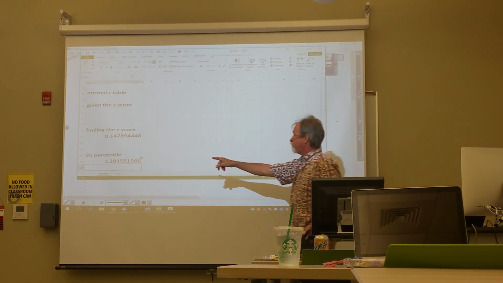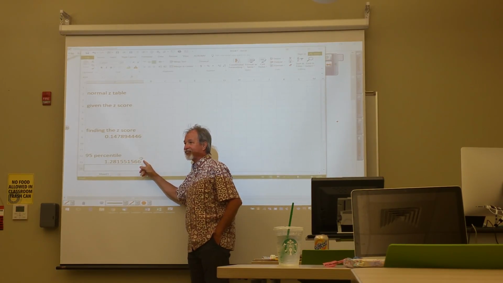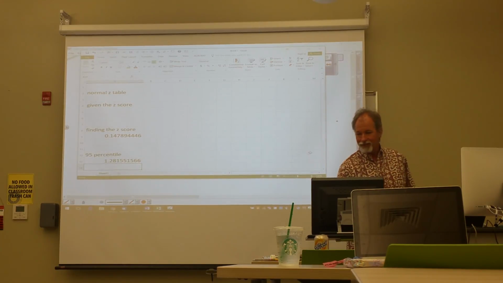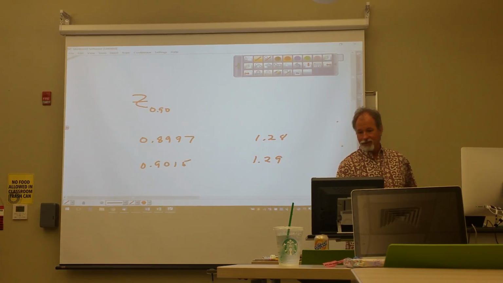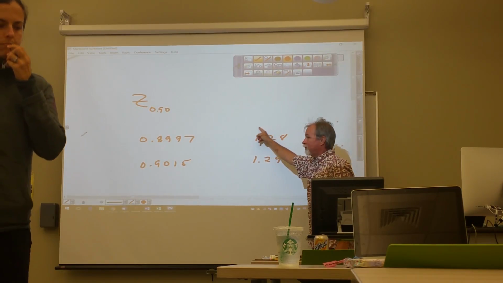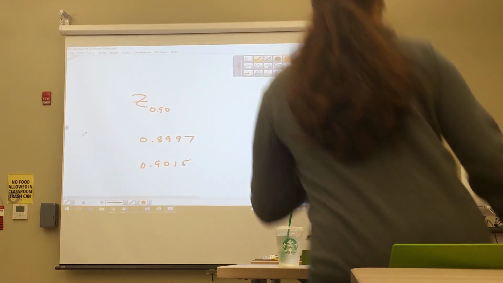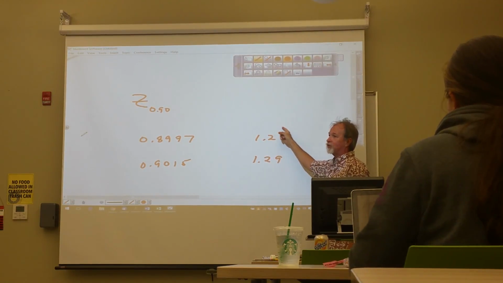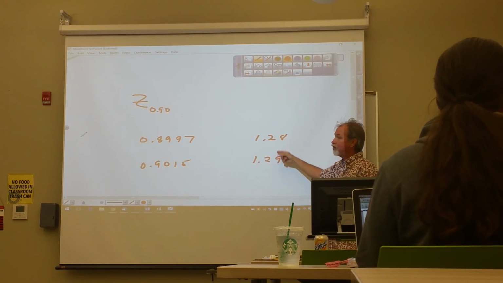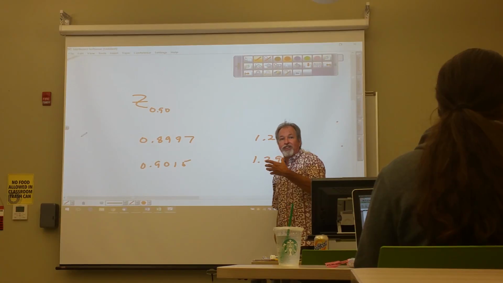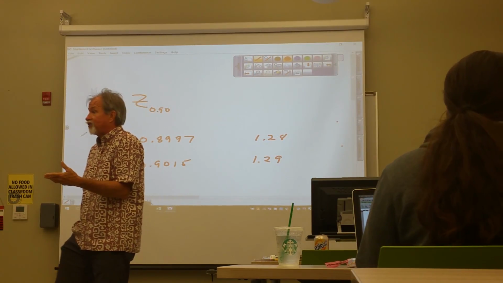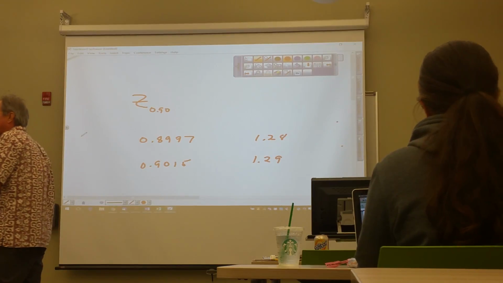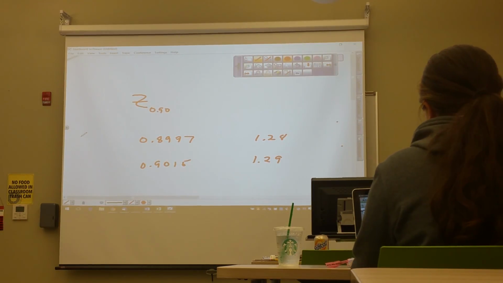See, it gives me 1.2815515566, which is somewhere in between these two numbers, right? So if I use technology to find my Z-score, it will give me a more accurate number. If I'm using the table, I'm just going to use these. This is why I say, depending on how you find your Z-score, you can get answers that will be slightly different. And I can't guess every possible way that you will do this to get a Z-score.